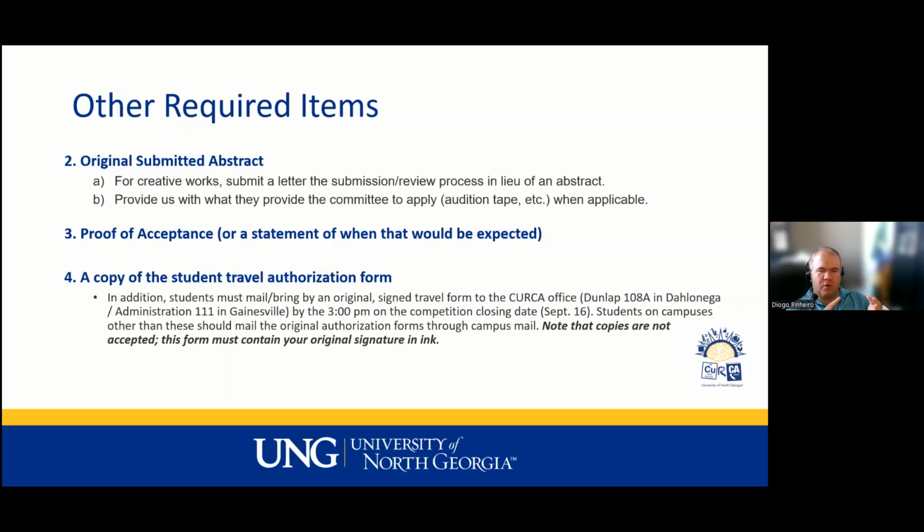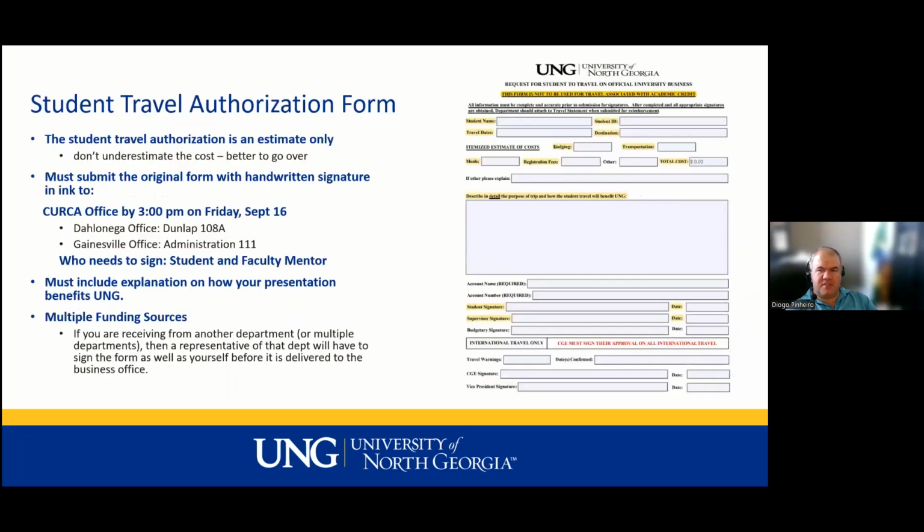You can take that signed form to either offices in Gainesville or Dahlonega, or mail it if you're at a campus where you don't have a CURCA office or a nationally competitive scholarship office. The student travel authorization is a standard form available on the UNG website, and there's a copy here you can see on the screen.